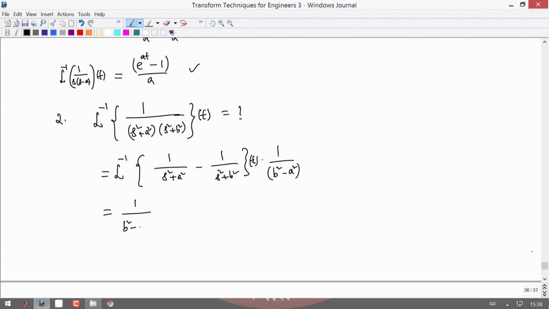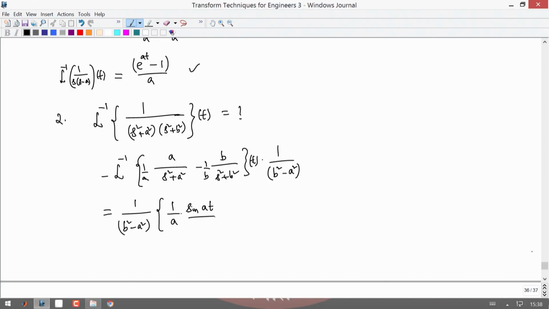So you have 1 by b square minus a square, and then the L inversion of this is the same as, so that I can write 1 by a here, and you can write b here so that you can write 1 by b. So what you get is 1 by a times sin a t.